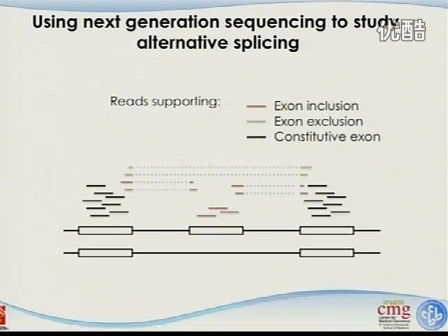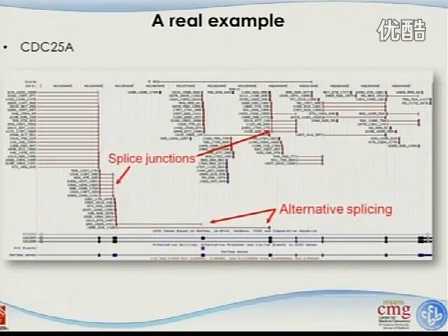So you can see that one end is on this exon, the other end is on this exon, and the middle one has been spliced out. Okay? So there are three types of reads: exon inclusion, exon exclusion, and constitutive exons. And these are the most important information that we need to use to identify the alternative splicing.